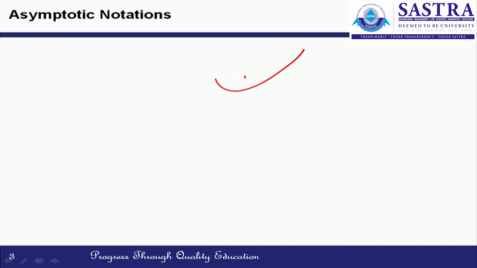Suppose we consider a curve y is equal to f of x. Now consider the point P at which we need to draw a straight line like this.